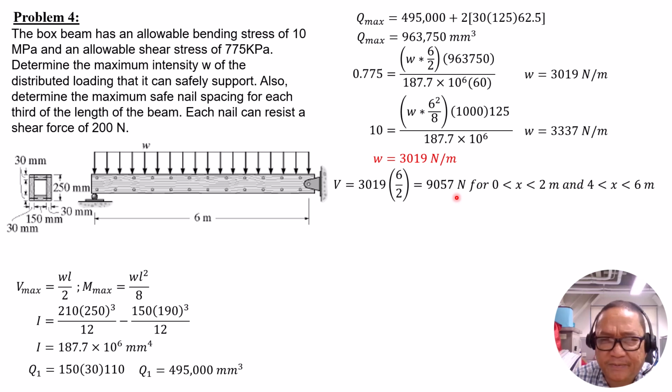Substitute into the formula S equals RI over VQ, where Q, or area times y, is equal to 150 times 30 times 110, this expression here.